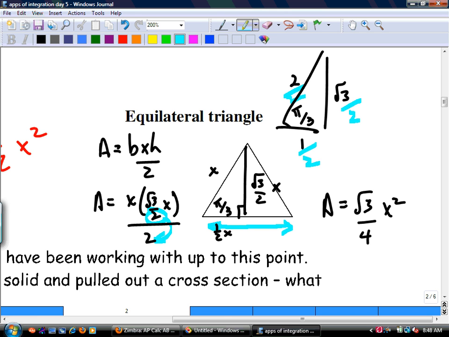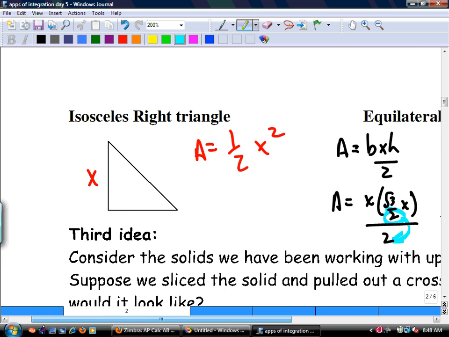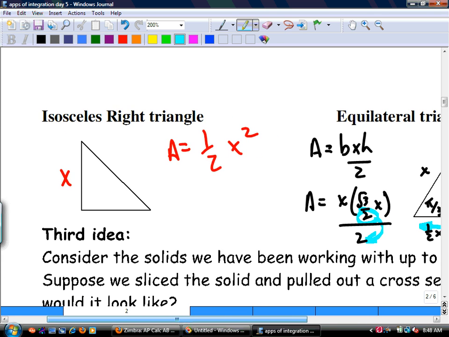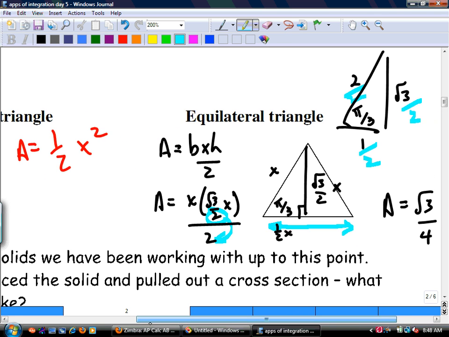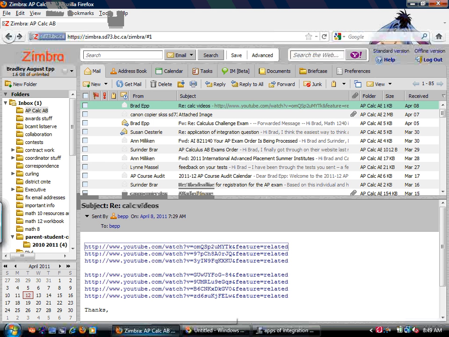But anyways. Okay. So consider solids we have been working with. Suppose we sliced a solid and pulled a cross-section. A couple of nights ago I went online and found some videos that illustrate the idea we're going to talk about now.